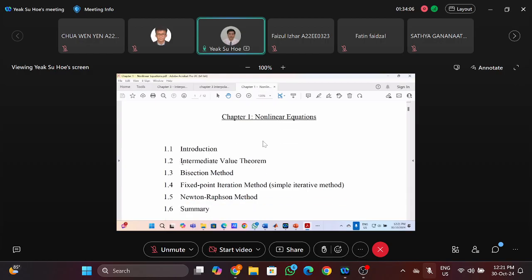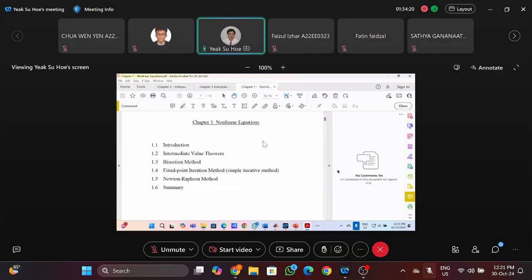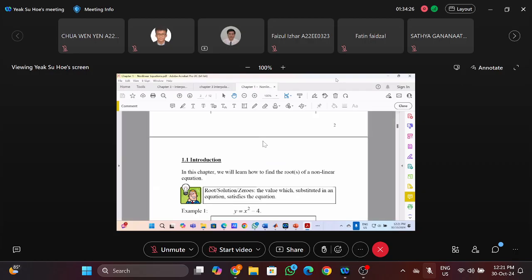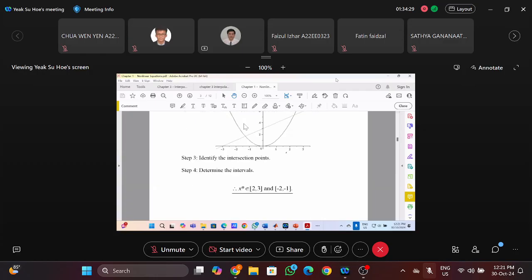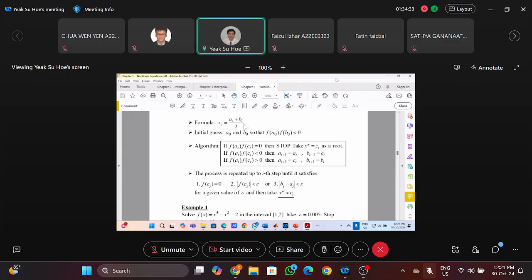One is the intermediate value theorem, and the second is the bisection method. Maybe I discuss what the bisection method is. So these are revisions before you start with your quiz one. So this is the bisection method.